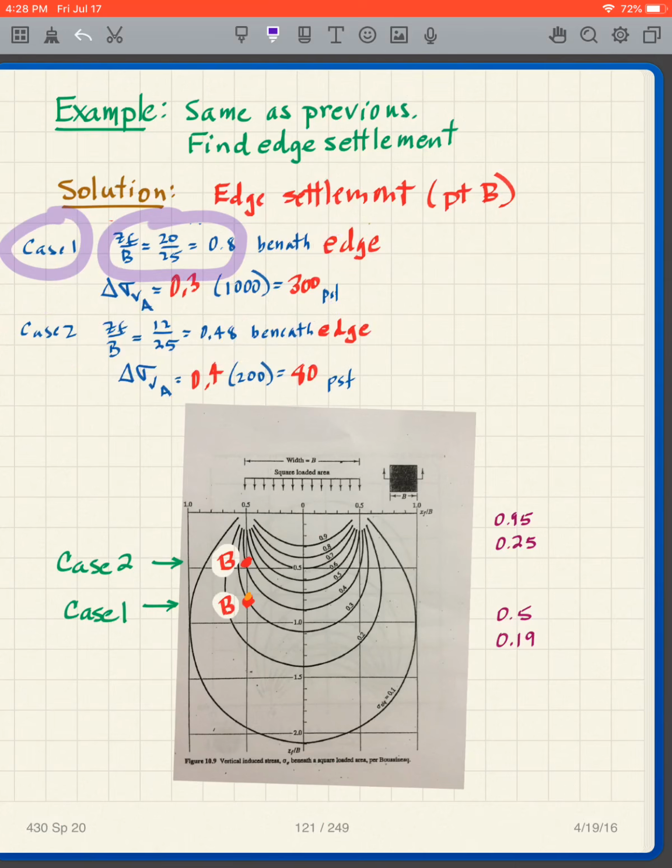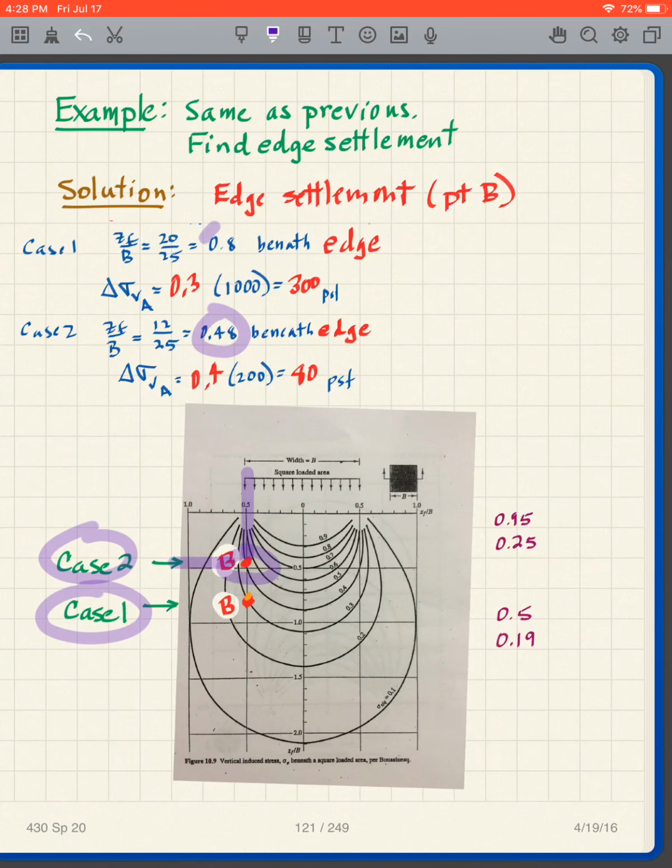So we use our pressure bulb diagram, and now the edge of the structure is measured over here. For case 2, ZF over B is approximately 0.48. For case 1, the ZF over B is 0.8, and it's approximately right there.